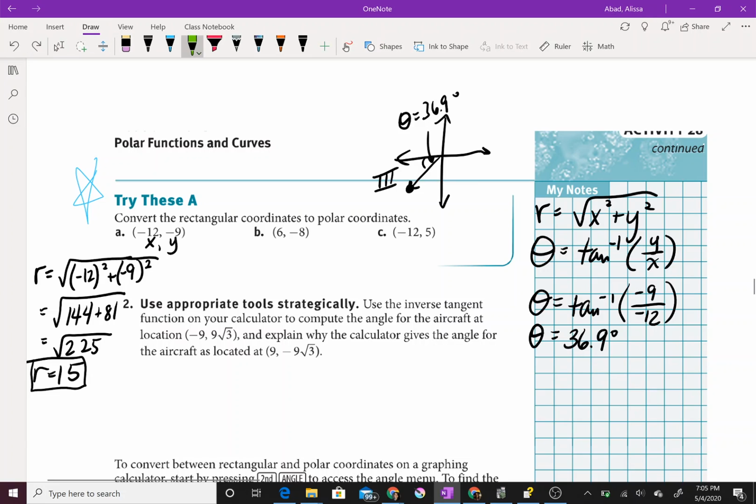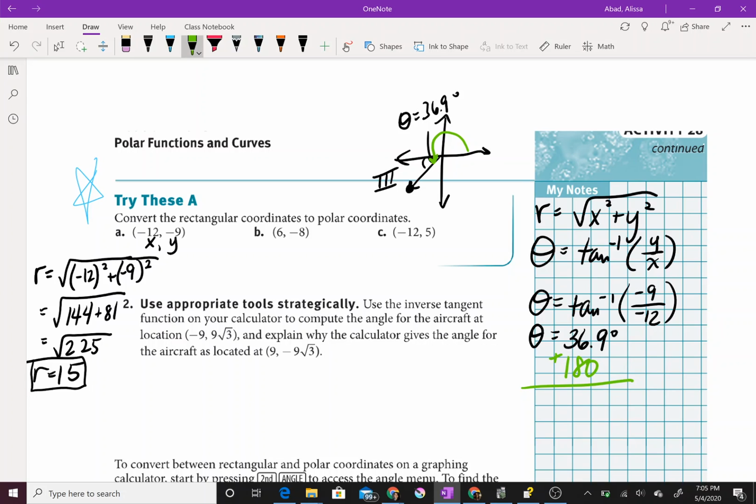So that means that we're going to need to take that angle in reference to quadrant 3. So that means we have to add on another 180 degrees. So let's add 180 degrees to this.